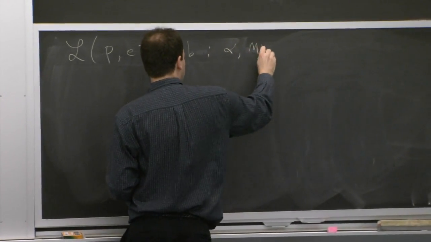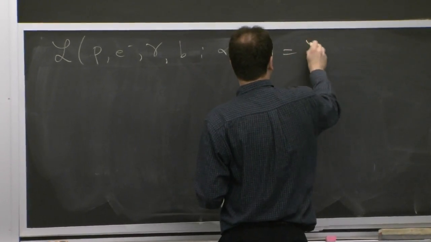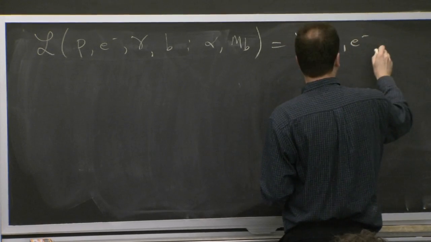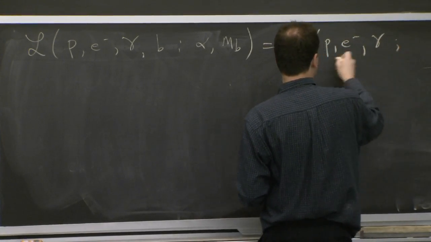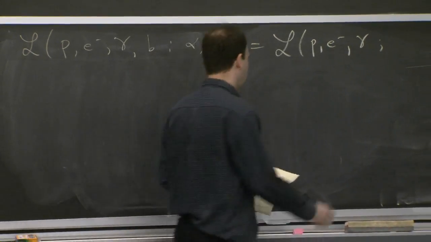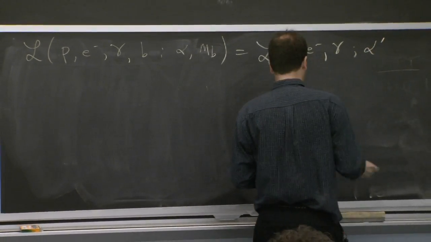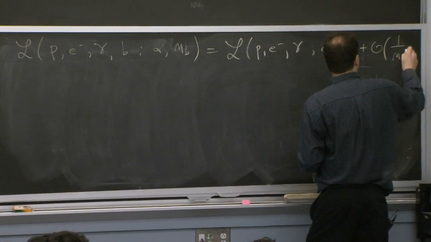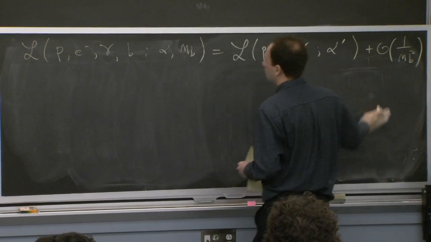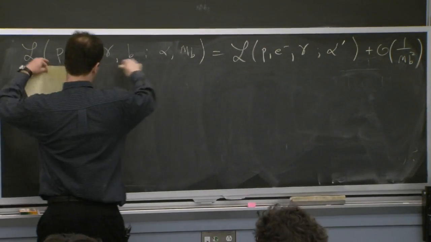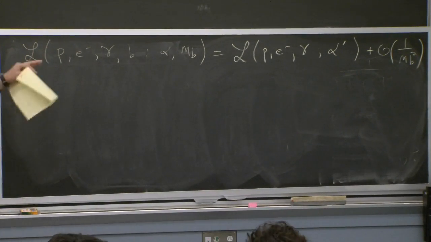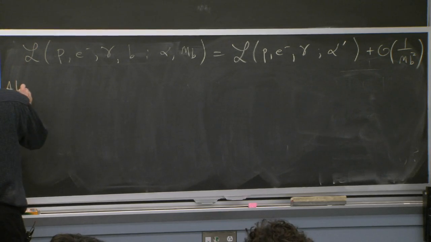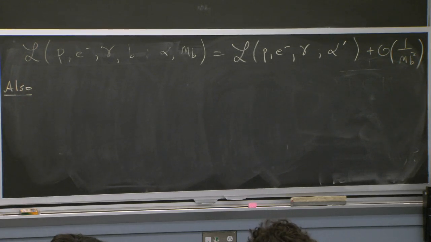Alpha and m_b are parameters. If we drop the B quark because it's giving small effects, we just have these fields, proton, electron, and photon. We get a different coupling, in principle. So you can think of this as being a higher energy coupling, and over there alpha prime being the low energy coupling.